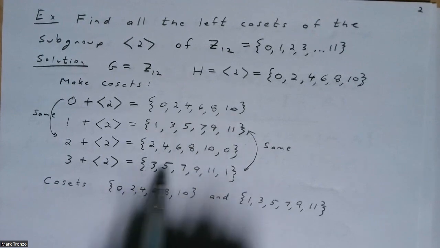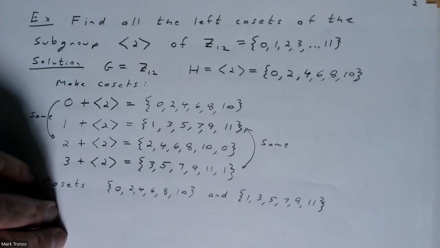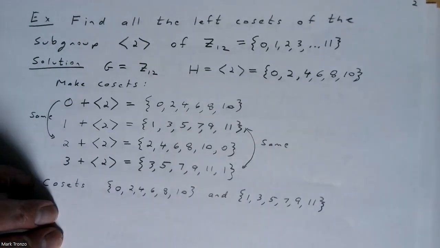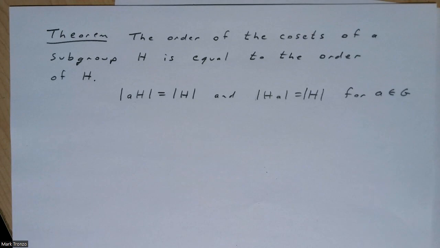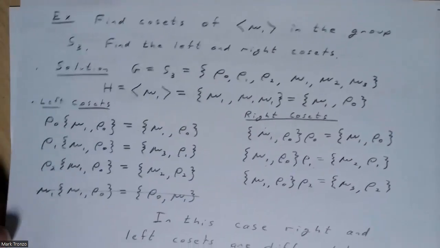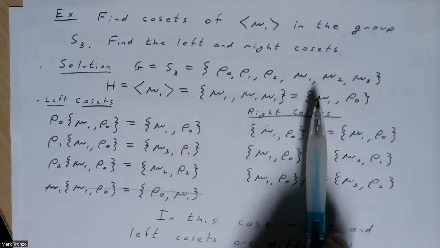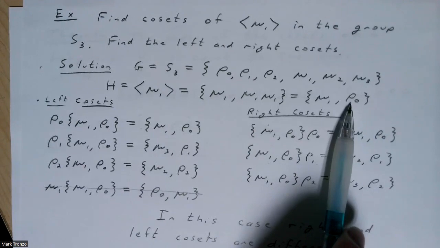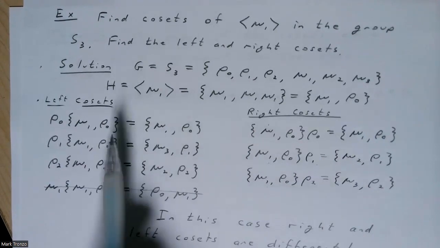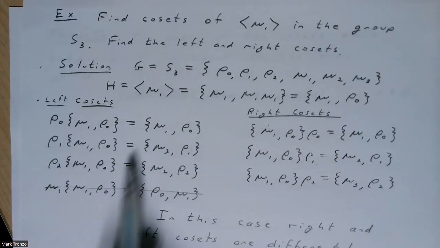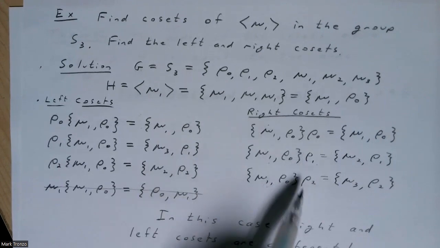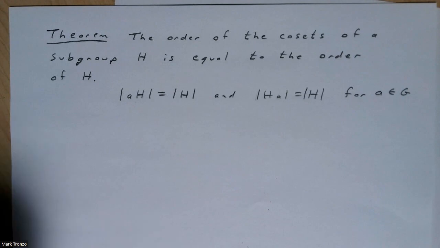Added 2, it had 6, 3, etc. We still have the same number of elements in the coset as we did in the subgroup. And also when we did these over here, once again, H was our subgroup, and it had 2 elements. Then all the left cosets each had 2 elements. All the right cosets each had 2 elements. That's all that's saying.